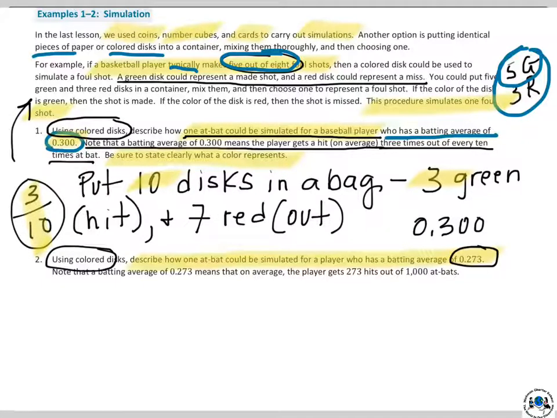Again, a batting average of .273 means that on average the player gets about 273 hits every 1,000 at bats. So for every 1,000 times he or she gets to bat, they get 273 hits.